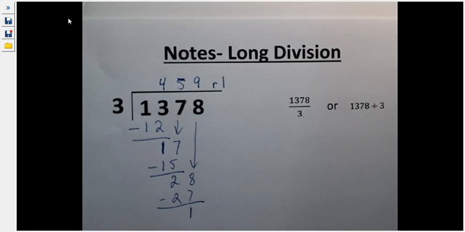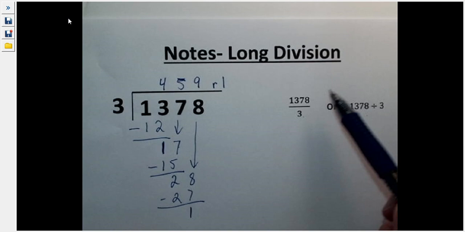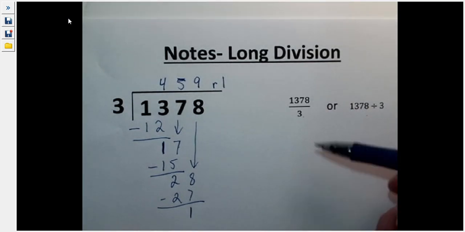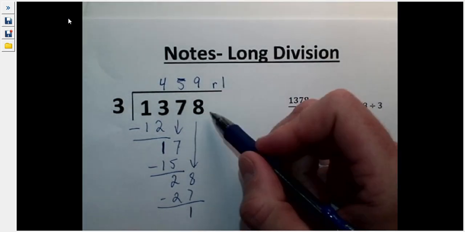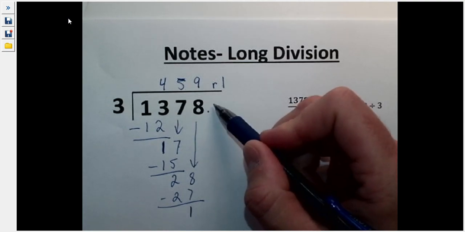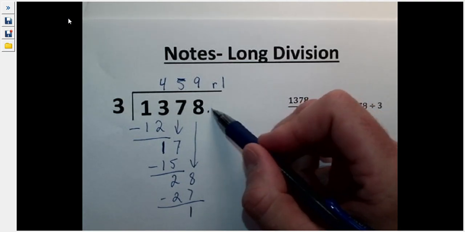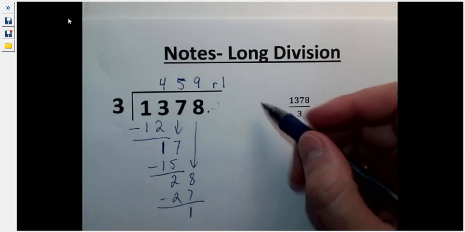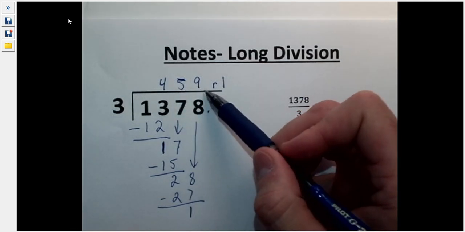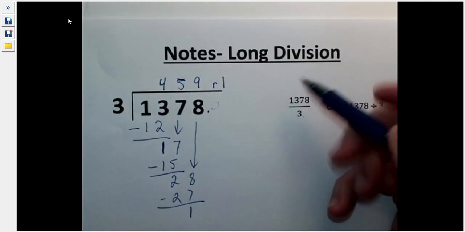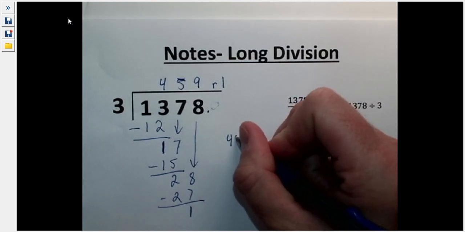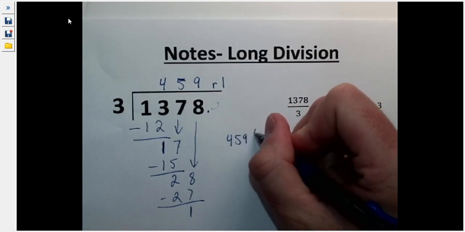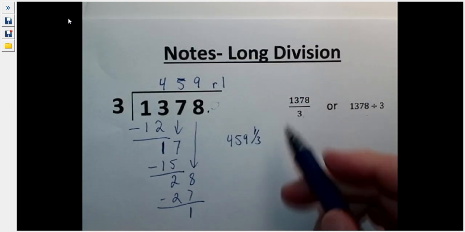So that's 459 whole pieces with 1 remainder, which means you could either keep going by putting a decimal here and putting a 0 and then bringing the 0 down and keep going, and you'd find out that it'd be 459.33333 repeating, or we would much rather write it like this.